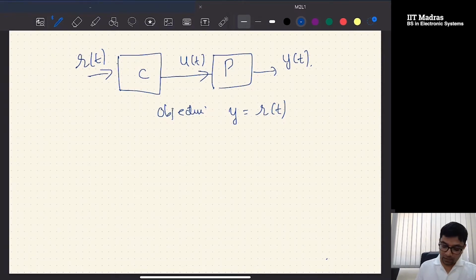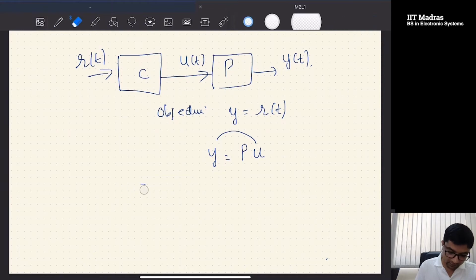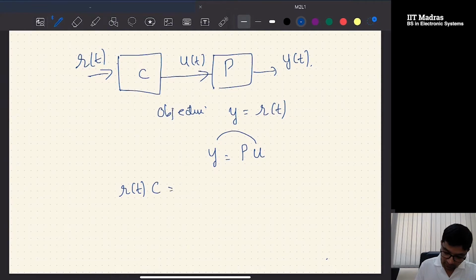Now look at the input-output relations. I can just say the output y is caused because of the input u going through the plant P. Now this is the input-output relation for the plant. Similarly, I have this controller C, which takes R as input. So I'll write it as R of t times C will give me U. Now I have Y is P times C times R of t.